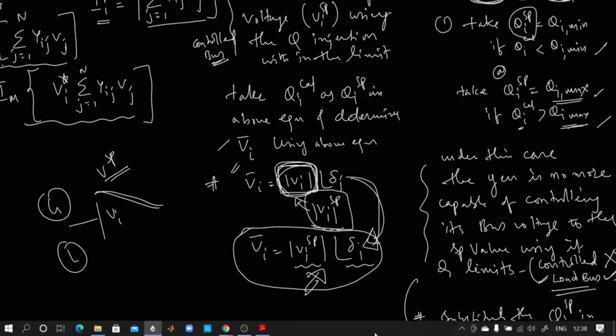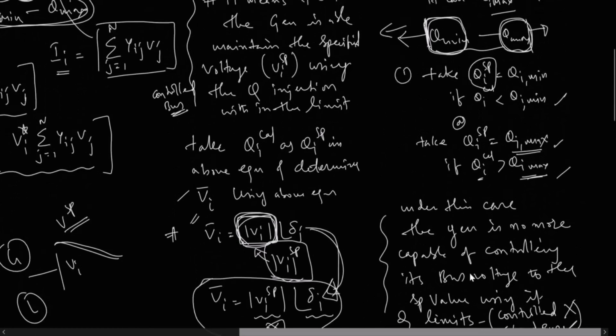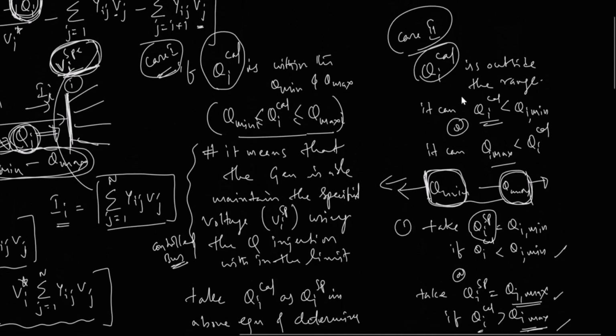And in case of the second case, where the Qi calculated is falling outside the limits, below the Q minimum or above the Q maximum limits, right? Under that case, the Q specified can be taken as the limit which is hit: Q minimum in case Q calculated is going below, or Q maximum in case Q calculated is going above.